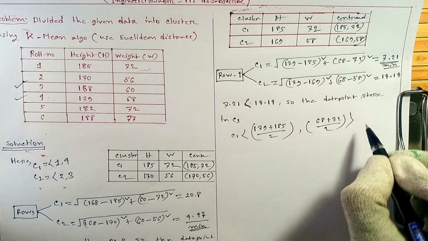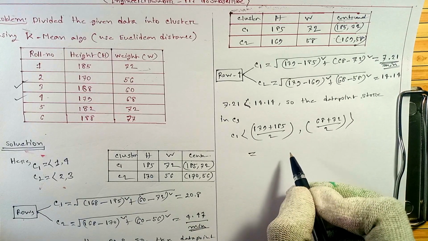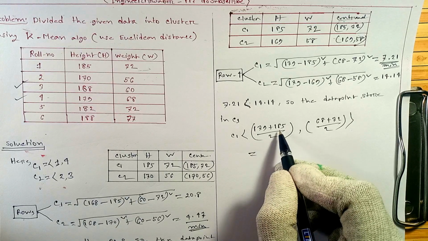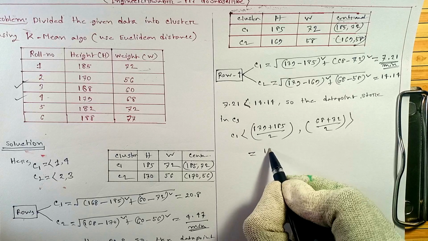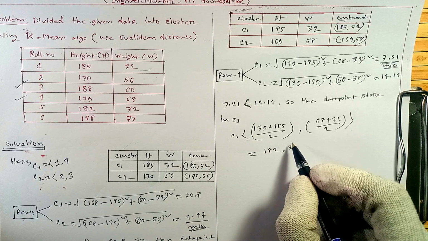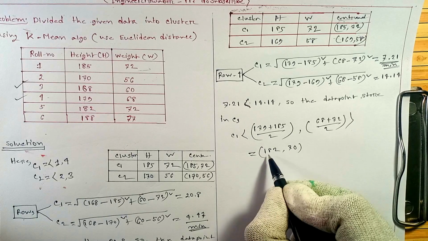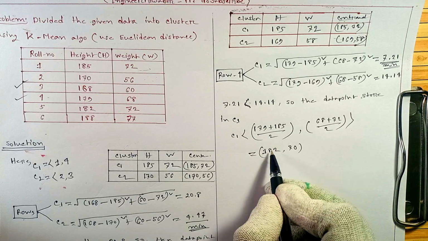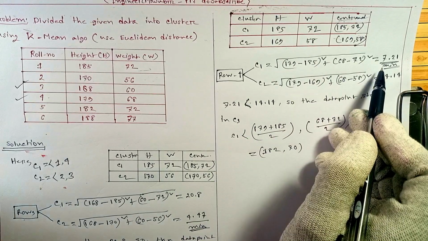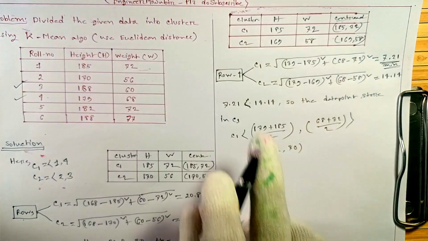So the new value is 182, comma, 70. Now we have to make a table again and put this value in C1 because C1 is minimum. So let's make this table.